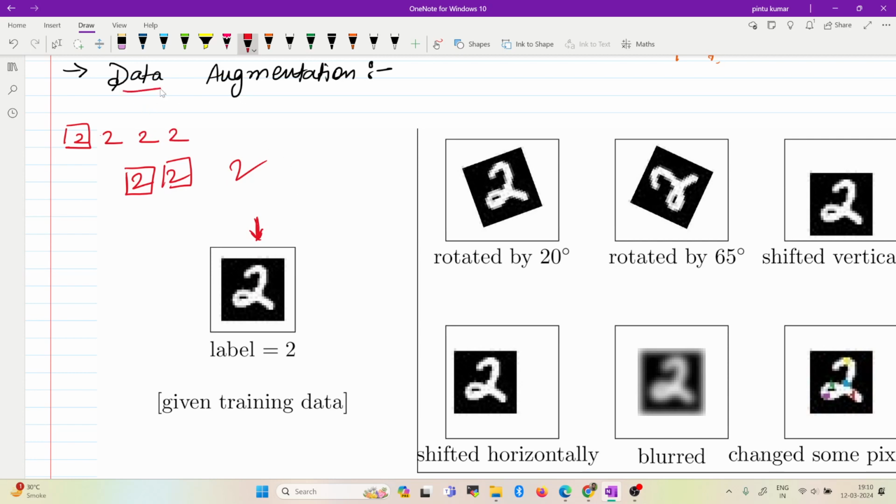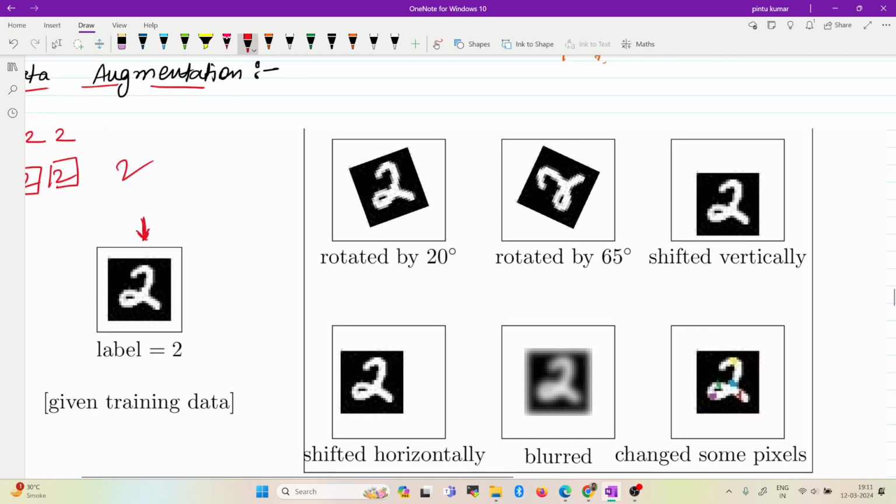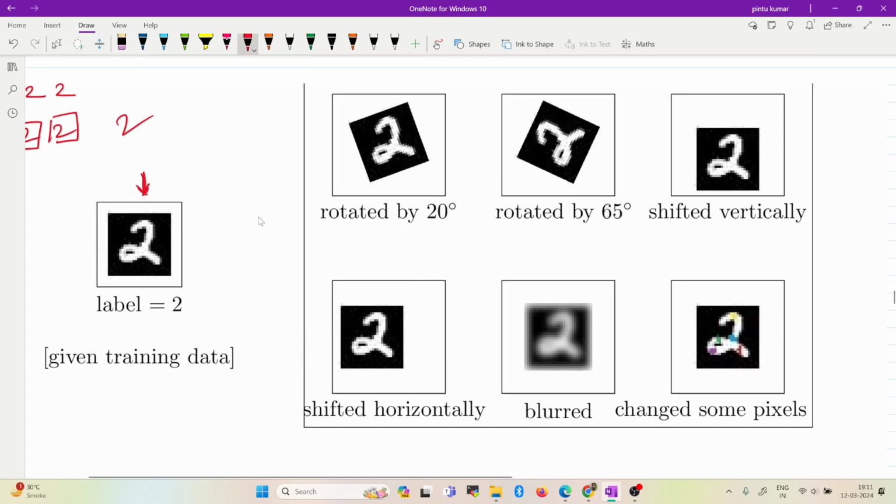What data augmentation says is, you can include variants of your data points by adding some sort of noise. For example, in case of images, you can include data points by rotating it by some degree. Or you can shift it vertically, so you have shifted this downwards. Earlier this black patch was in center. You can shift it horizontally.